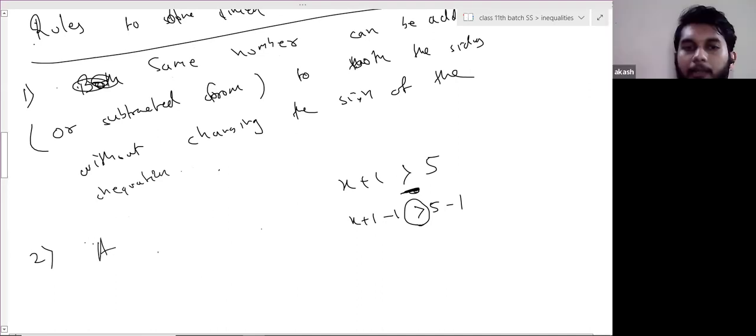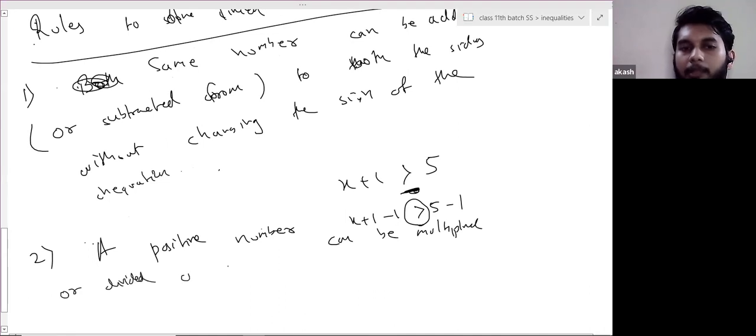A positive number can be multiplied or divided on both sides without changing its sign.